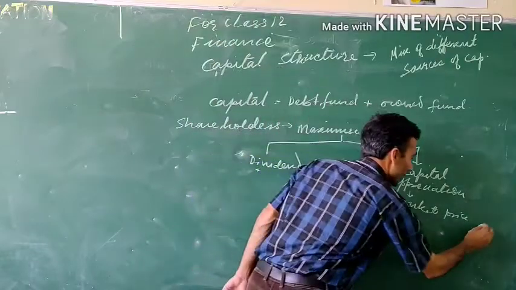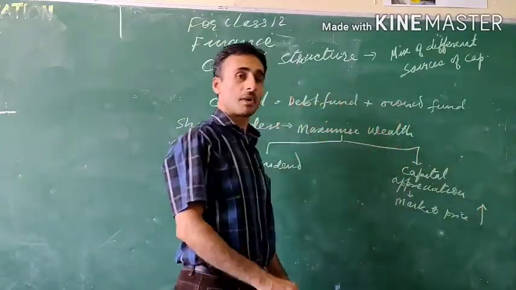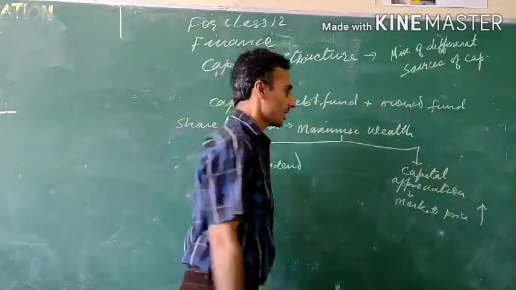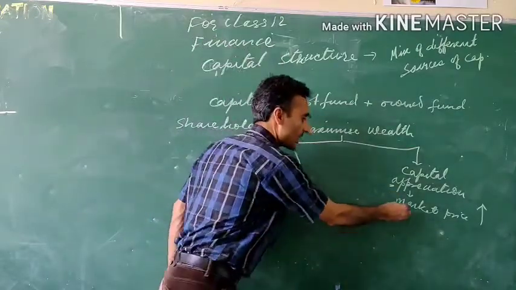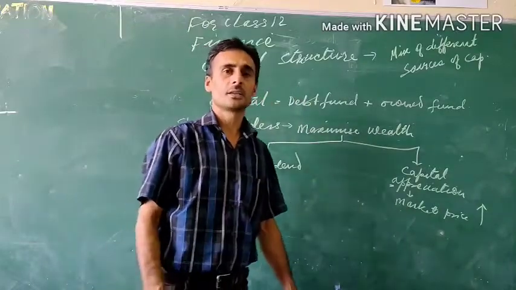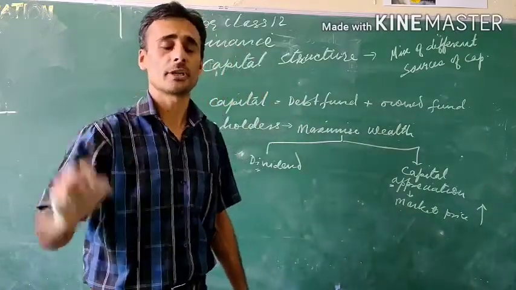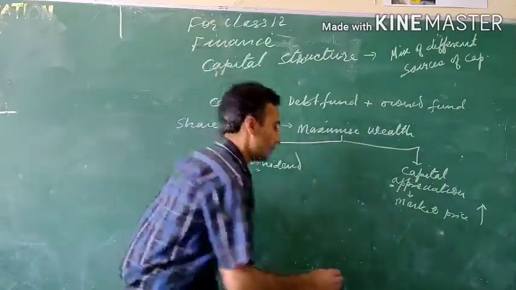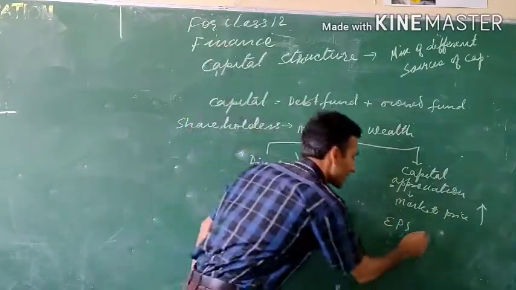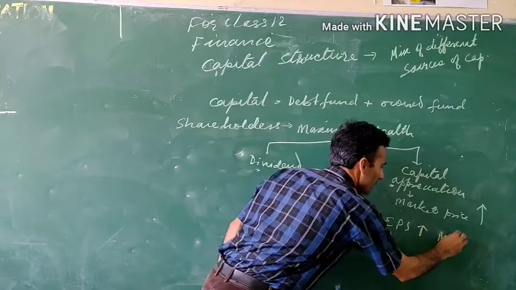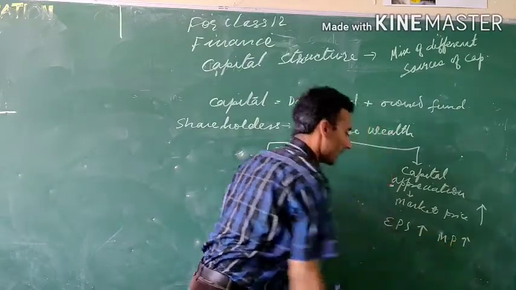If the market value increases, the increase in the market price of a share leads to capital appreciation. And this market price has a direct link with the earning per share. If the company's earning per share increases, then the market price will also increase.